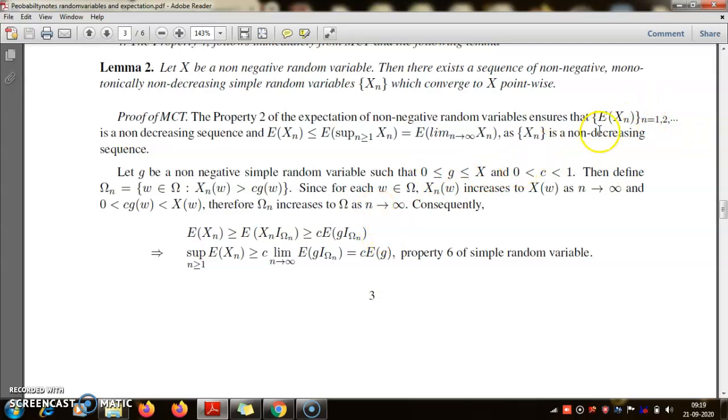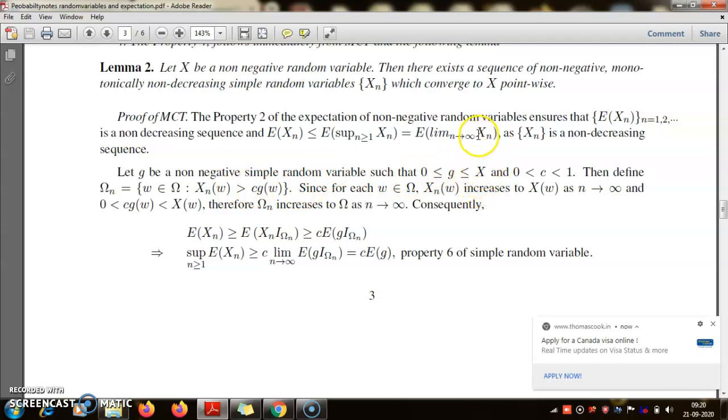To prove the other part, what do I mean by the other part? Now if you want to prove that the limit of this sequence of expectations is greater than equal to expectation of the limit, then you get the equality, right? If you want to prove X is equal to Y, you can prove it by X is less than equal to Y, and Y is less than equal to X, then X is equal to Y. So to prove the other part, we take any non-negative simple random variable dominated above by X. Now what is this X?